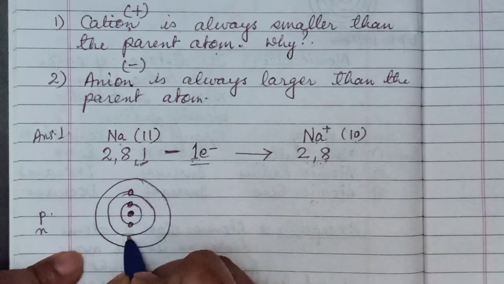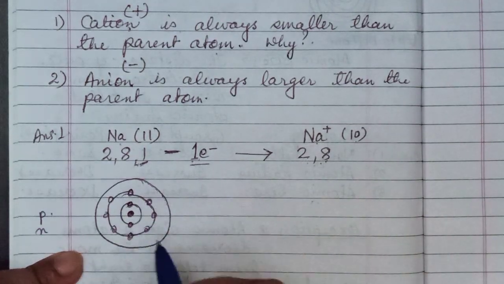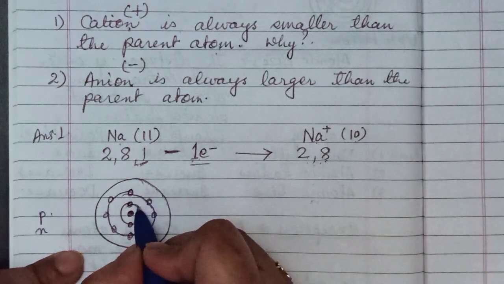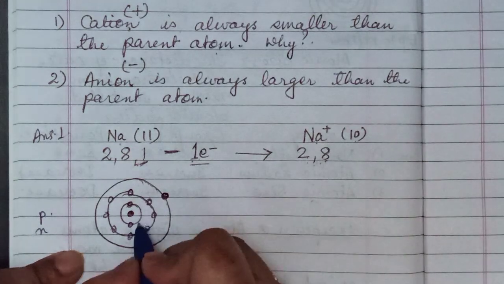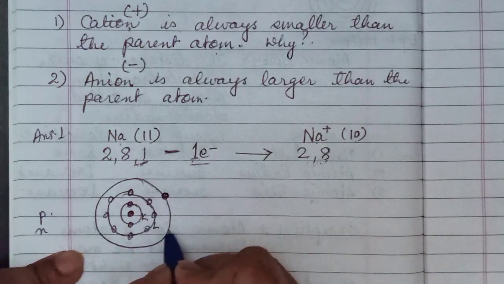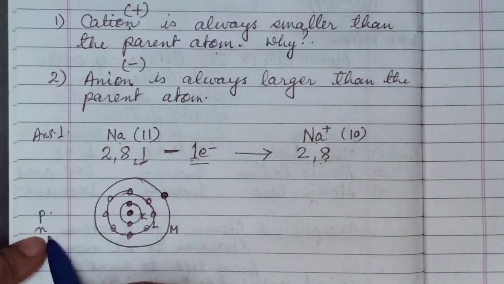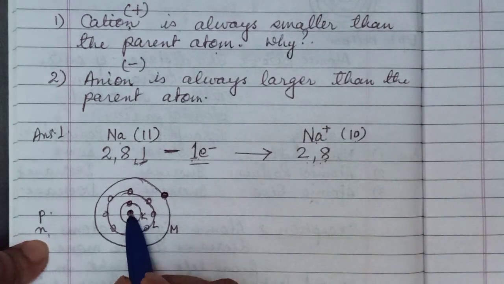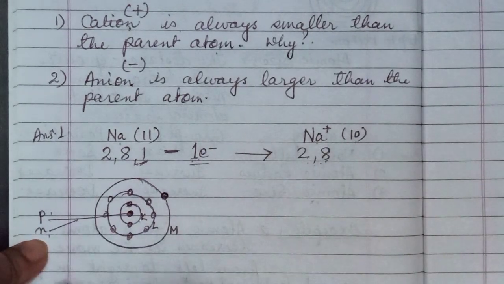So 8 electrons are present in the L shell, and in the M shell only 1 electron, that is this one. So K shell 2 electrons, L shell 8 electrons, M shell 1 electron. And proton and neutron are present in this nucleus.